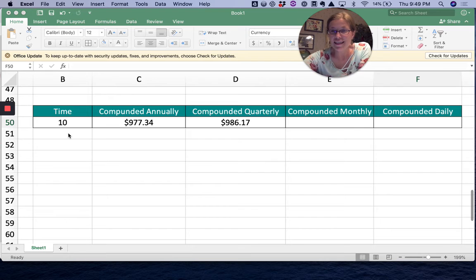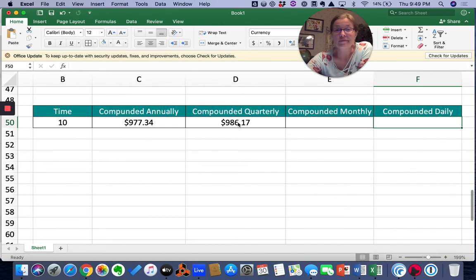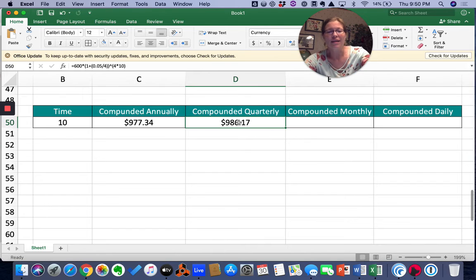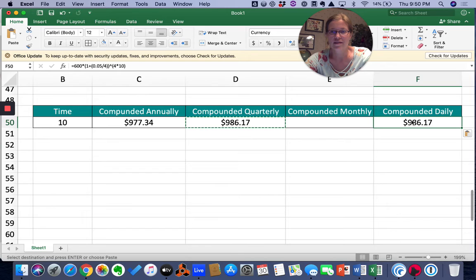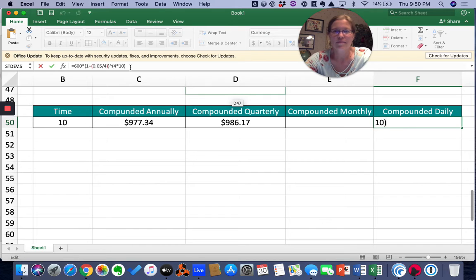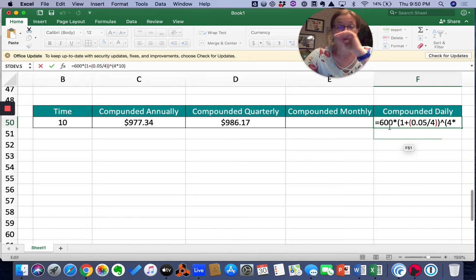I'm going to try the daily one using Excel as my calculator. So I'm going to copy and paste compounded quarterly. Okay, so I want to use the same formula, but remember, I'm changing n.